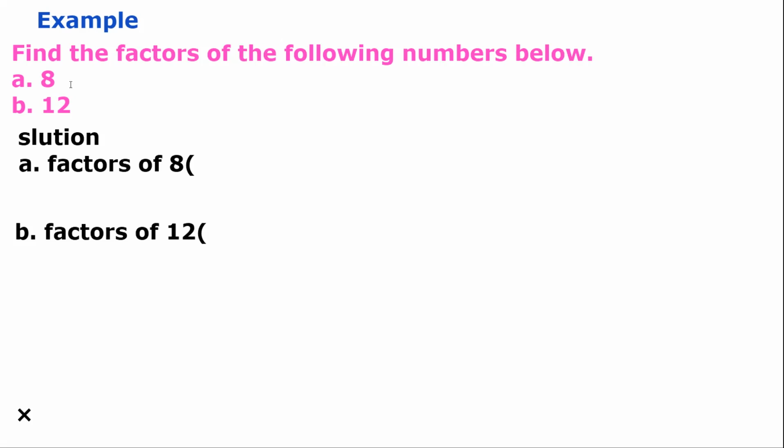So you must get all those numbers that can divide 8 equally. Again, when you come to the factors of 12, it means you must list all those numbers that can divide 12 equally, or all those numbers that when you multiply you get 12.